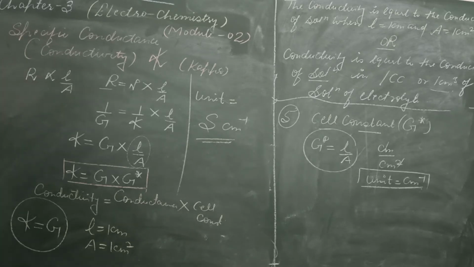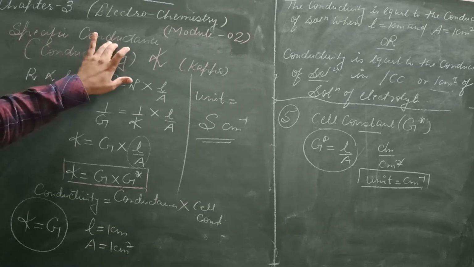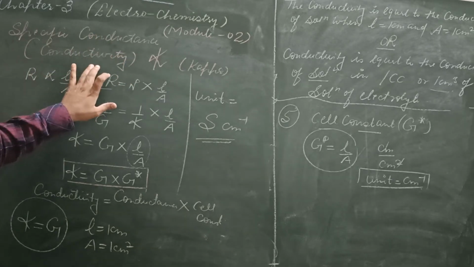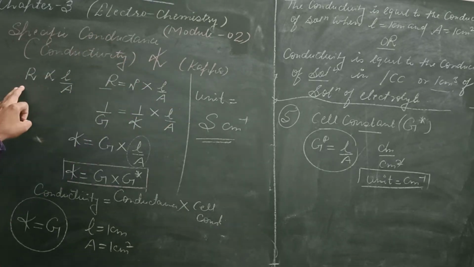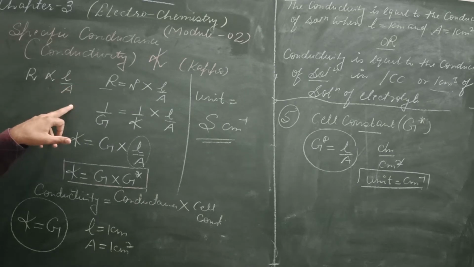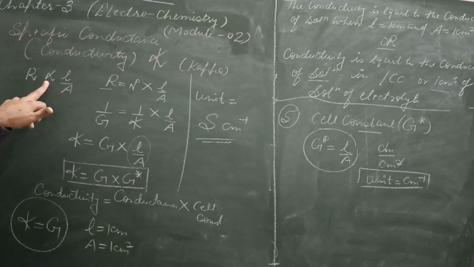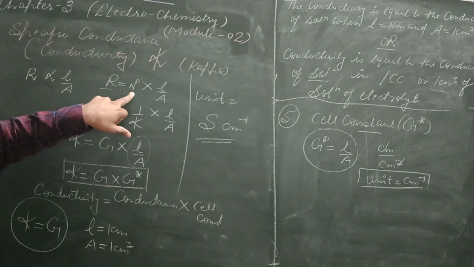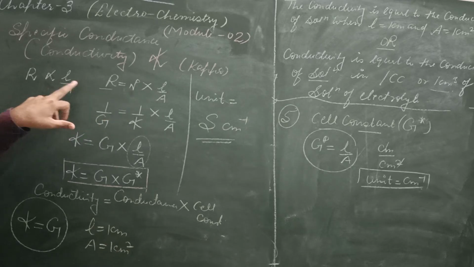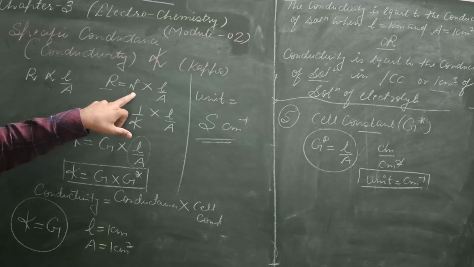I am again telling, we have discussed two main aspects: the specific conductance shown by conductivity kappa. R equals rho L by A, where the proportionality constant is replaced by the term rho.